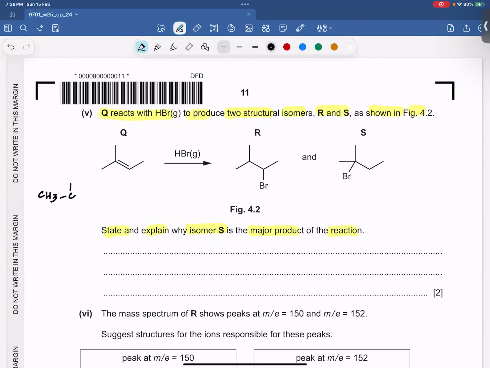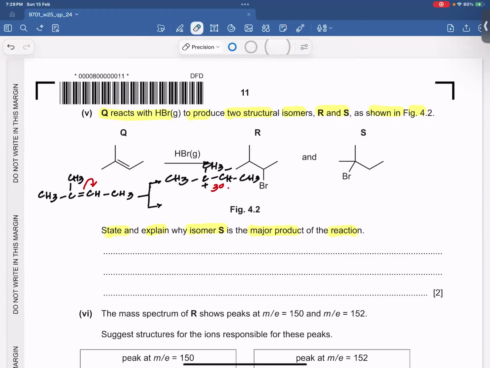This is CH3, this is CH3, this is double bond CH and then CH3. So that's the structure of the alkene, and I'll get two different sorts of carbocation from here. The first one is when we shift the pi bond onto this carbon atom, so I'll get this carbocation. This is negatively charged, this is positively charged. When carbon has a positive charge without hydrogen, it's going to be a tertiary carbocation.